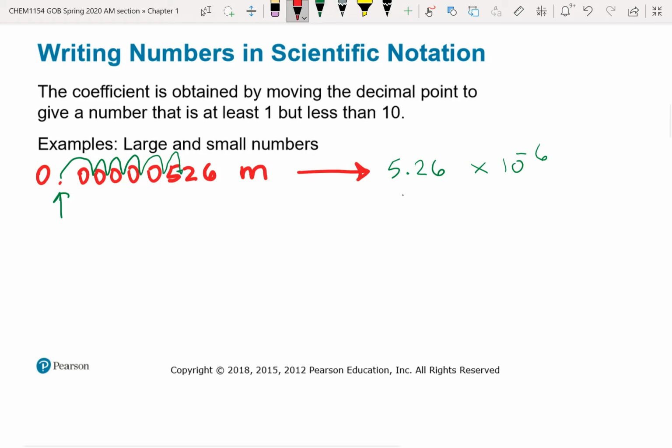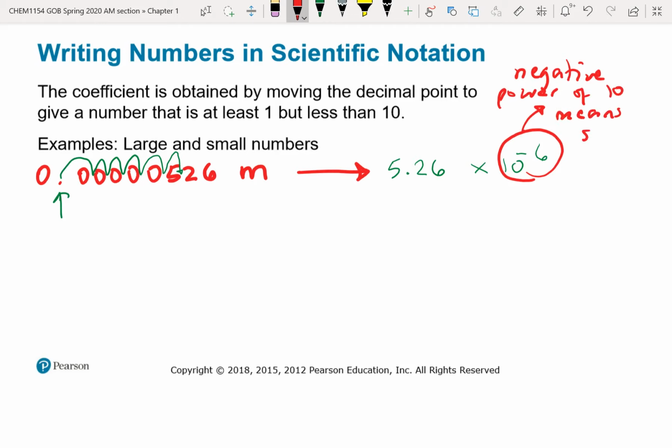And that is the exponent to the power of 10. Right? The negative exponent, or the negative power of 10, means it's a small number.